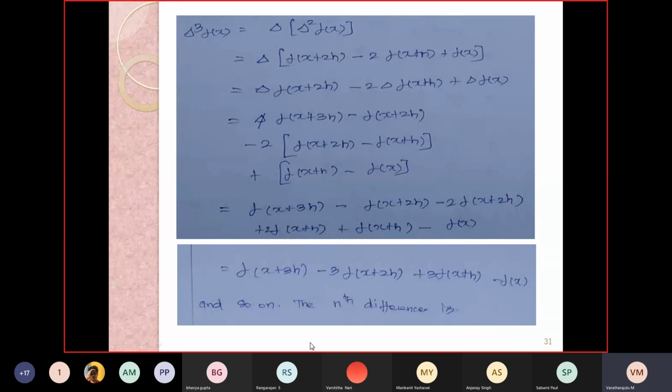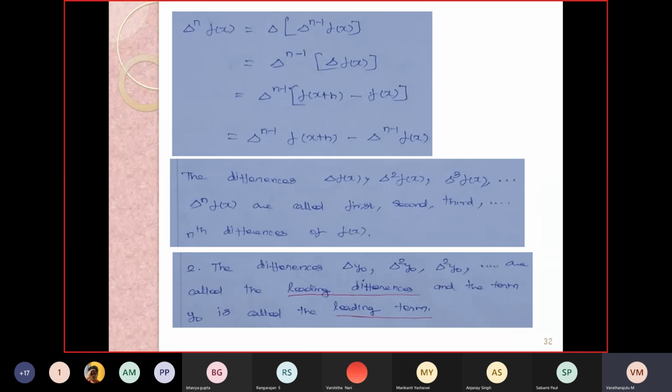For the generalized term, the nth difference of f of x will be the n minus 1th difference of f of x plus h minus the n minus 1th difference of f of x.